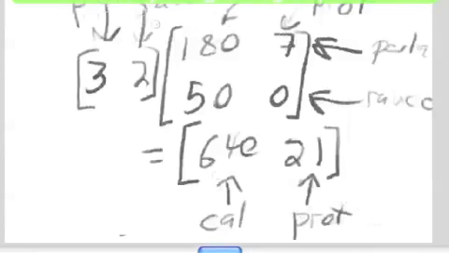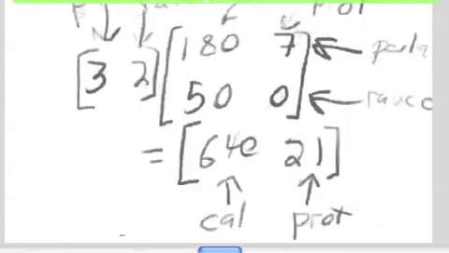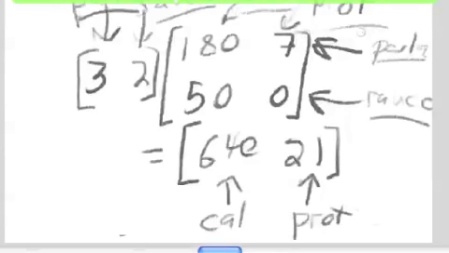So as you can see, what we did is we took a 1 by 2 matrix representing an amount of pasta and an amount of sauce, and multiplied it by a 2 by 2 matrix, which converts that pasta and sauce into calories and protein for our answer in terms of calories and protein.